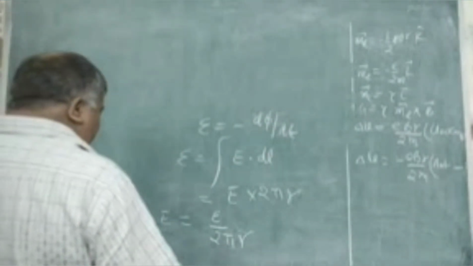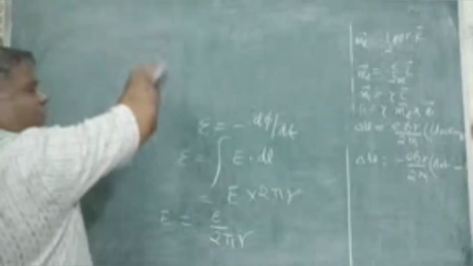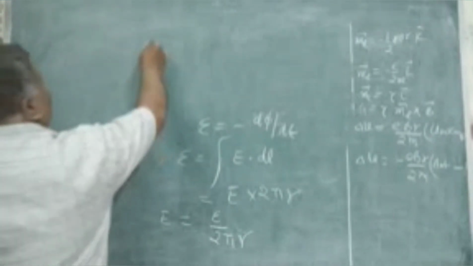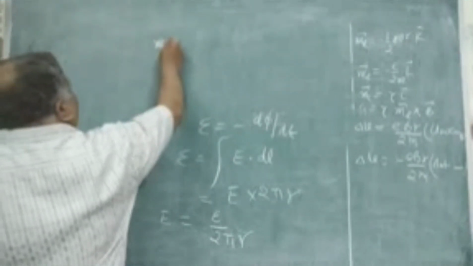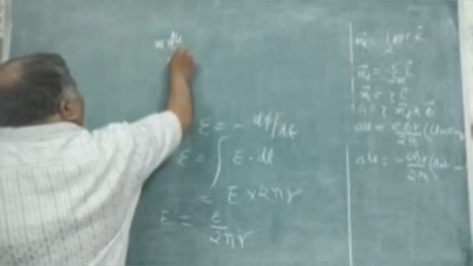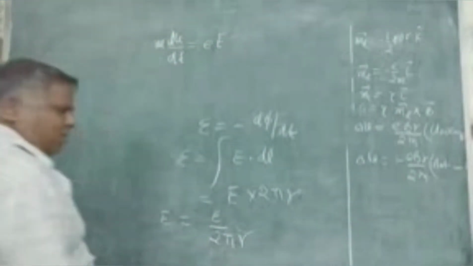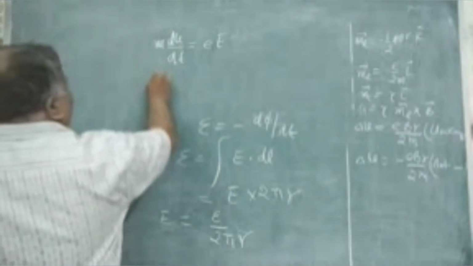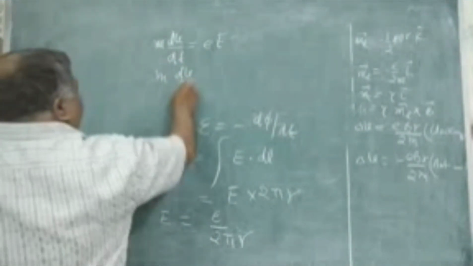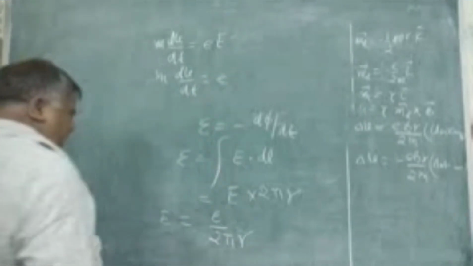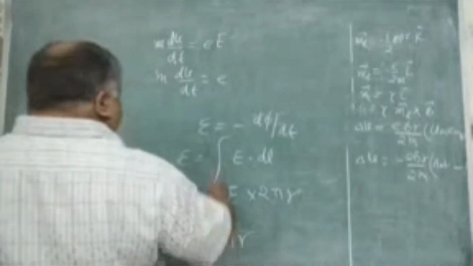Now equation of motion of moving charge, that is electron, is m dv over dt is equal to eE. So m dv over dt is equal to eE, and we have this relation.